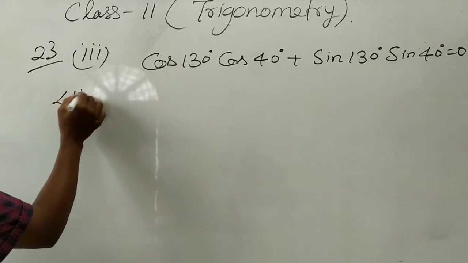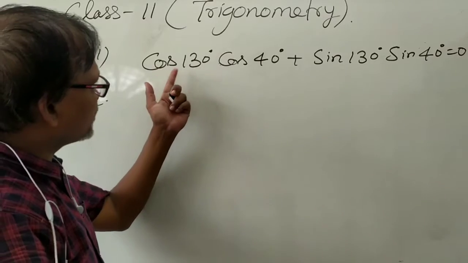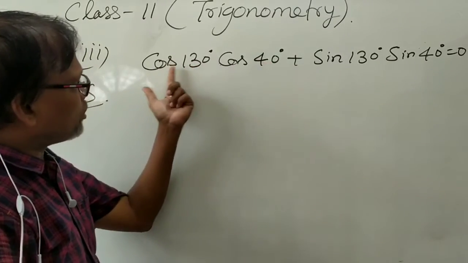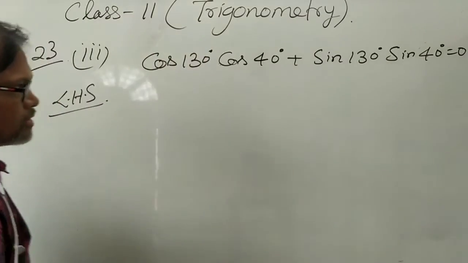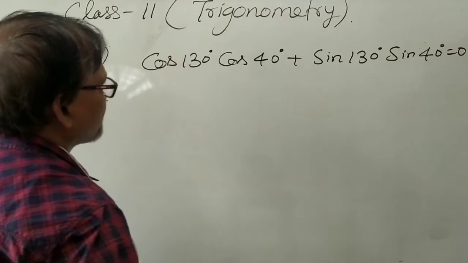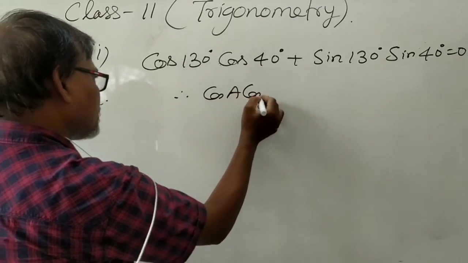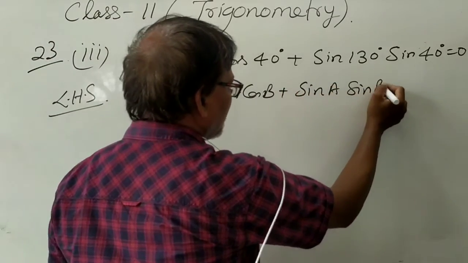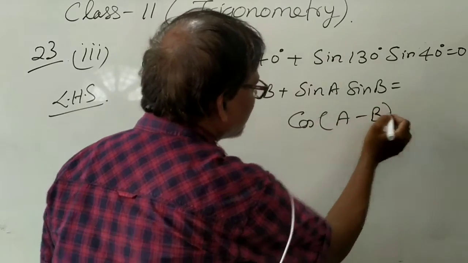So let the left hand side. How to show? Can you guess this formula? If you take this as A, this as B, so cos A cos B plus sin A sin B, because the same type of angles are in both the terms. And you know cos A cos B plus sin A sin B is equal to cos A minus B. Do you know this one?